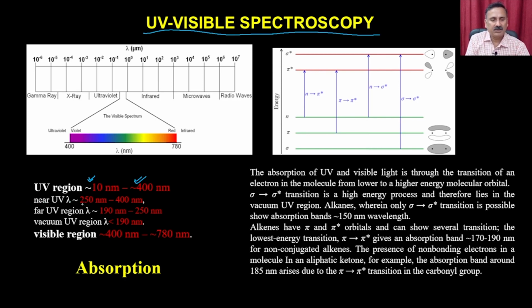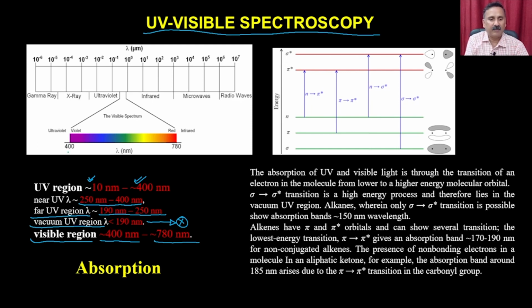The near UV range is from 250 to 400 nanometer, whereas the far UV range is from 190 to 250 nanometer. You also have the vacuum UV range, which is less than 190 nanometer, and that is going to be useless for any kind of molecular interaction studies. And then we also have the visible range, from 400 nanometer to 780 nanometers.